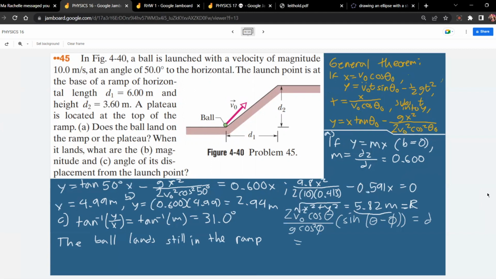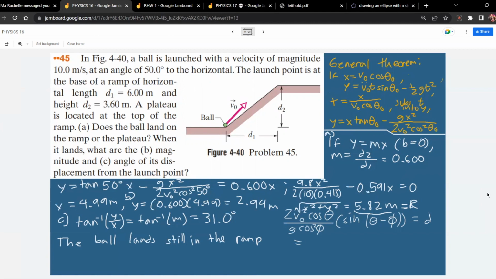Okay, tingnan ko. Cosine of 50 and then 30.96. Okay.